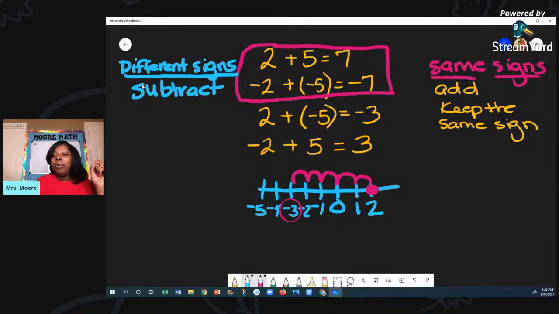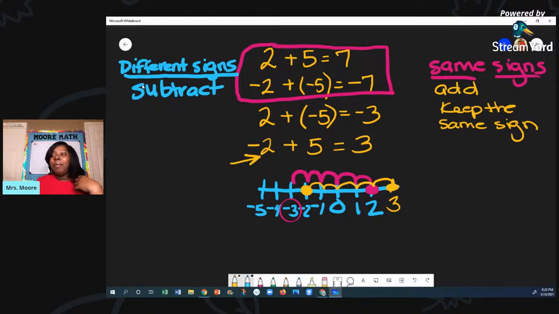But if we were going to start at -2, just like here, and add 5, I'm adding 5, which means I'm pulling it in the positive direction. So let's go that way: 1, 2, 3, 4, and 5. 3.